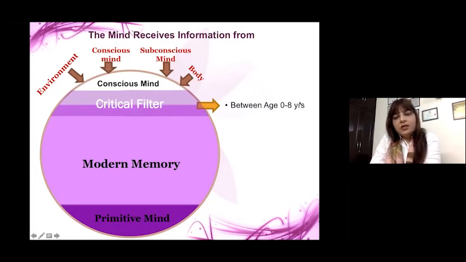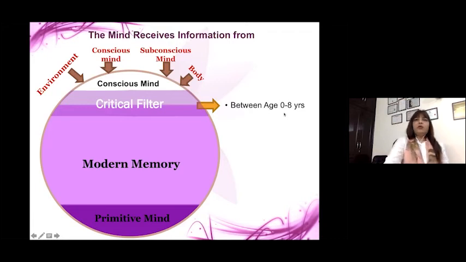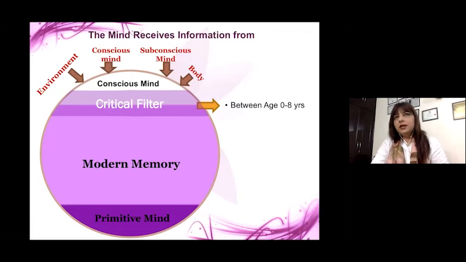Now this critical filter develops on various belief systems. So for example, there is a kid whose parents are pickpockets, and the kid has seen that, oh, life is fun because you can steal money and you can have fun without any hard work. So for him, stealing is fun.